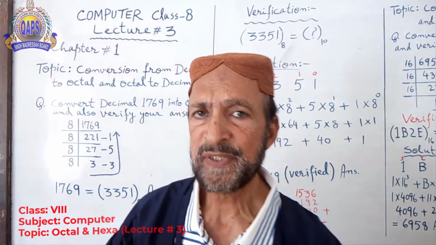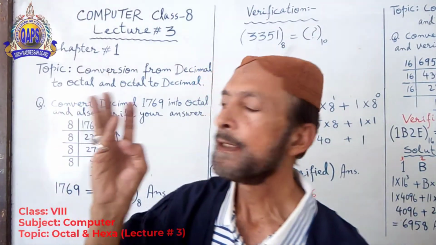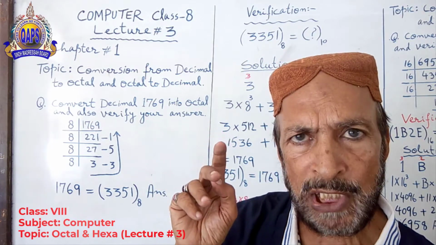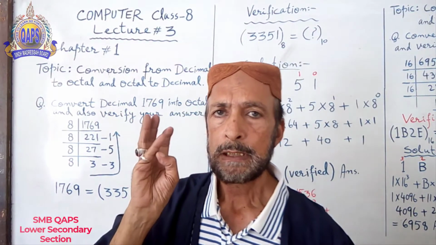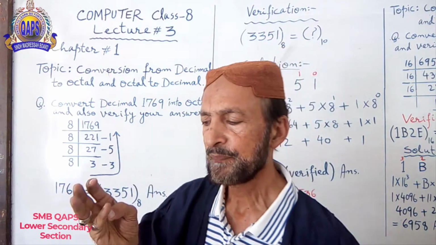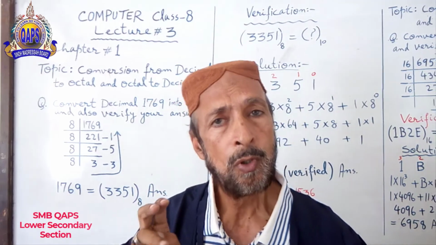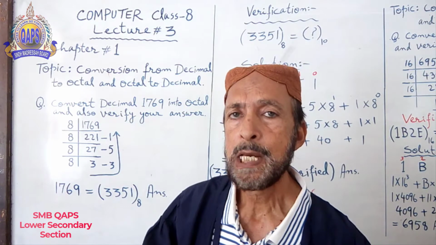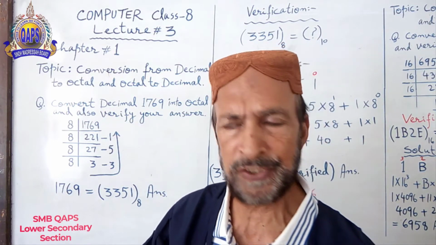Did you remember? I taught you 4 number systems: decimal, binary, octal and hexadecimal. Decimal number system is base power 10, binary number system base power 2, octal base power 8 and hexadecimal base power 16.